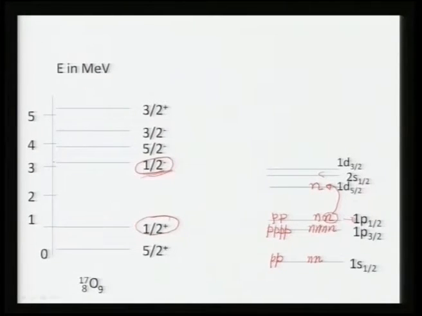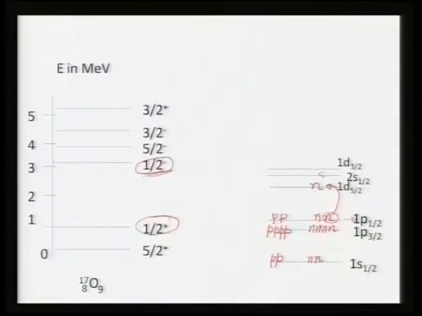Typically, breaking a pair takes about 2 MeV of energy or a little less, depending on what nucleus it is. So, remember this energy difference comes from two parts: one part is breaking the pair here, and the other part is exciting from this energy level to that energy level. So, that is 1/2 minus, that is okay.